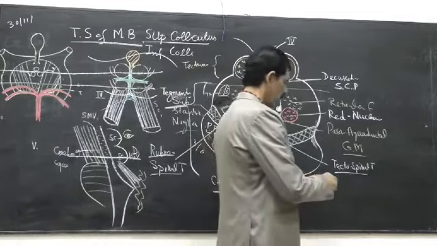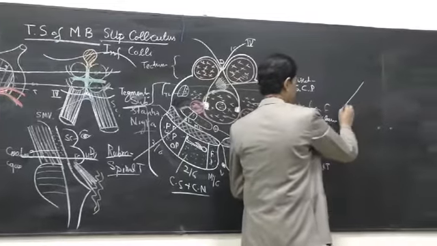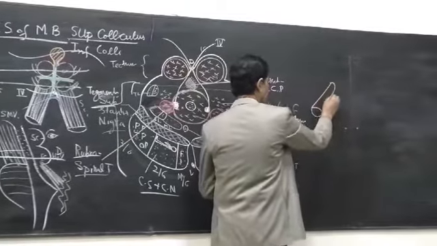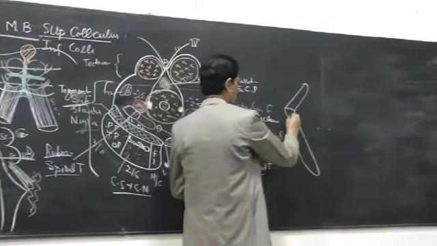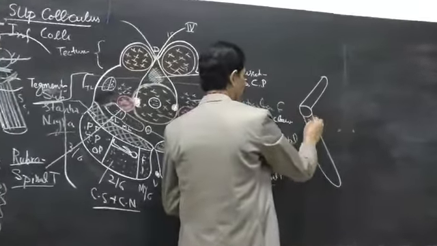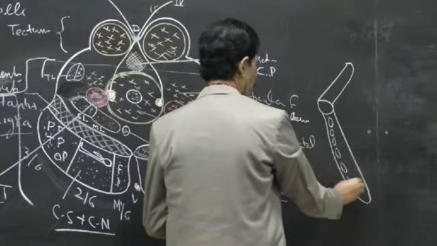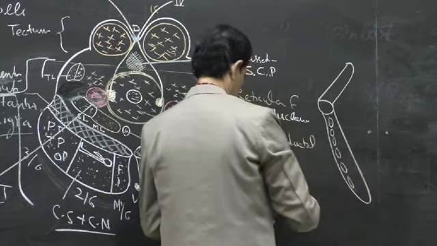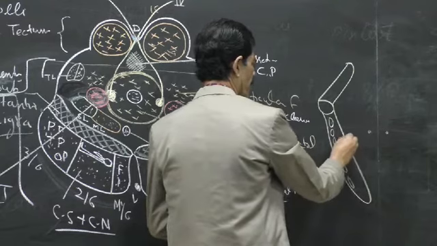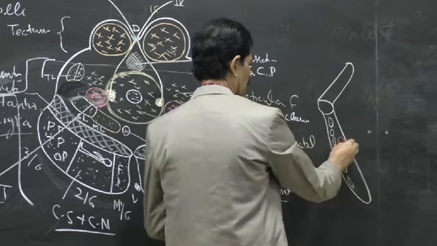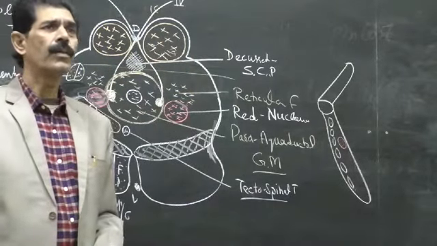As we do in the internal capsule, we have the anterior limb, the genu, and the posterior limb. The posterior limb contains the corticospinal fibers for the head and neck, upper limb, thorax, abdomen, and lower limb. And with this posterior limb, we also make the fibers that are called the cortico-rubral tract.